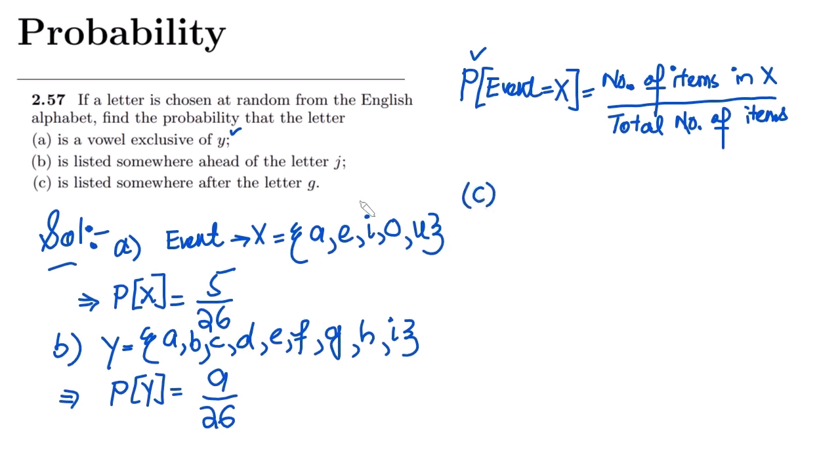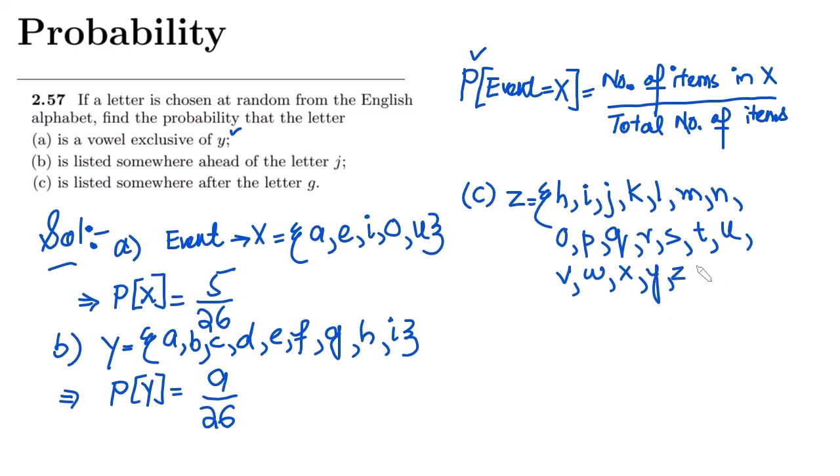Similarly, in part C, what do we have? We have to find the probability of the letters that are listed somewhere after letter G. So let me have this event Z, and to write the set consisting of all the elements in Z, those would be, it is G, so after them would be X, Y, and Z. These are the number of items in this set.